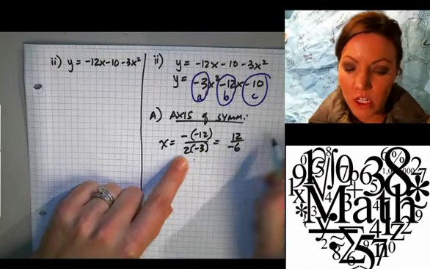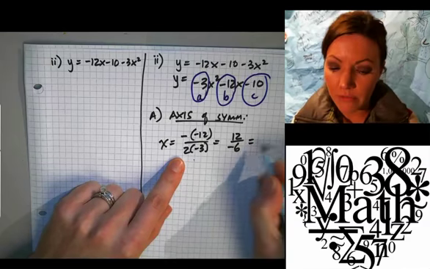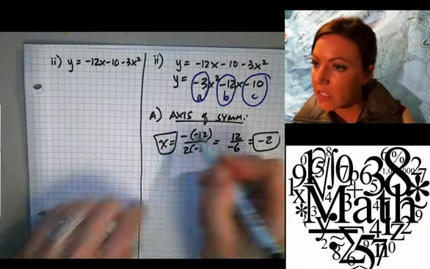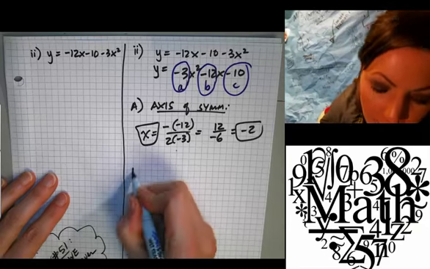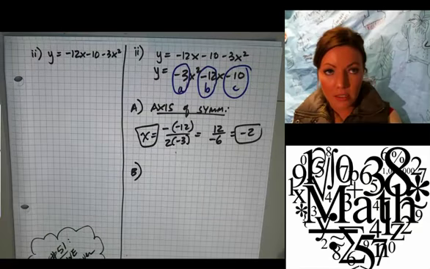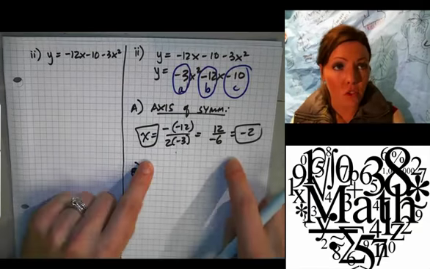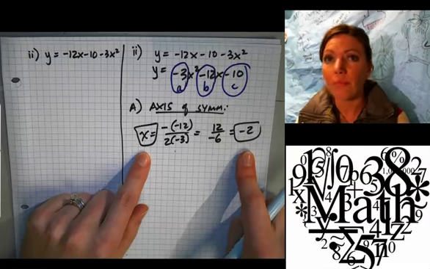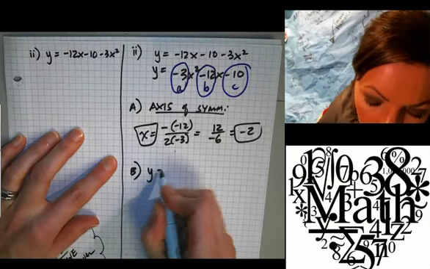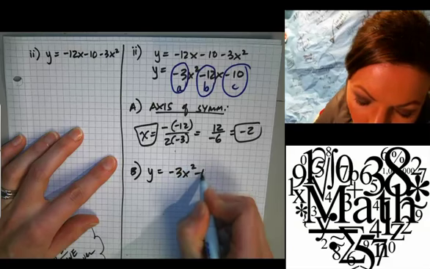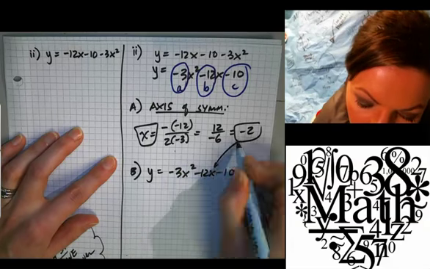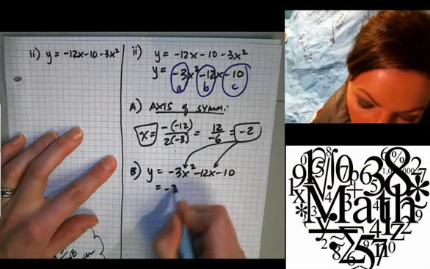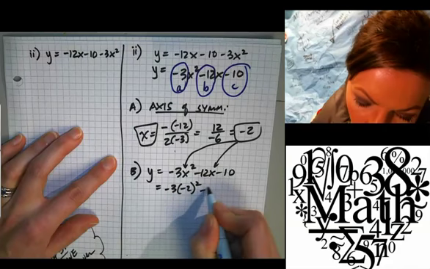That comes out to negative 2. So the equation of the axis of symmetry is x equals negative 2. Then we need to find the vertex. We have half of the vertex. How do we find the other half? Plugging it back in. So y equals negative 3x squared minus 12x minus 10. We plug that negative 2 in here: negative 3 times negative 2 squared minus 12 times negative 2 minus 10.